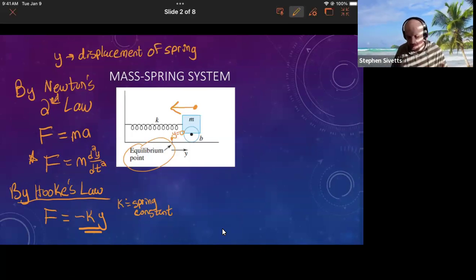But if you're in something like a swimming pool, so if the mass is moving through some other fluid, you'll have what's called a damping force. You'll have this quantity, b times v, where v is the velocity of the spring. This is what's called the damping.